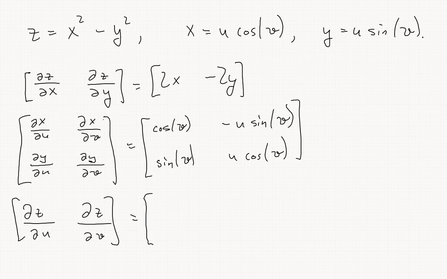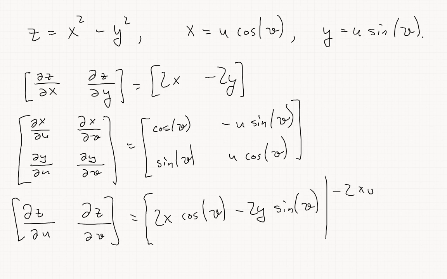These will be 2x cos v minus 2y sine v, and I'll put a separator, and then negative 2xu sine v minus 2yu cos v.